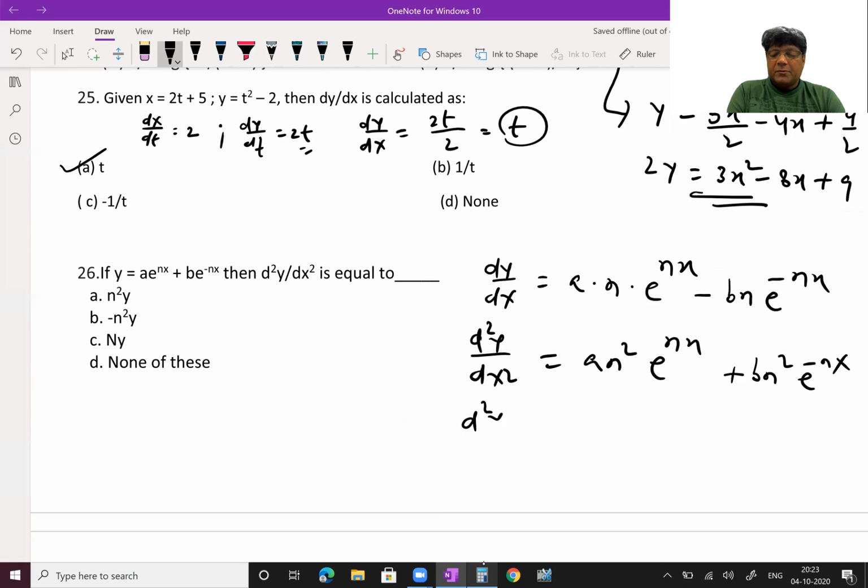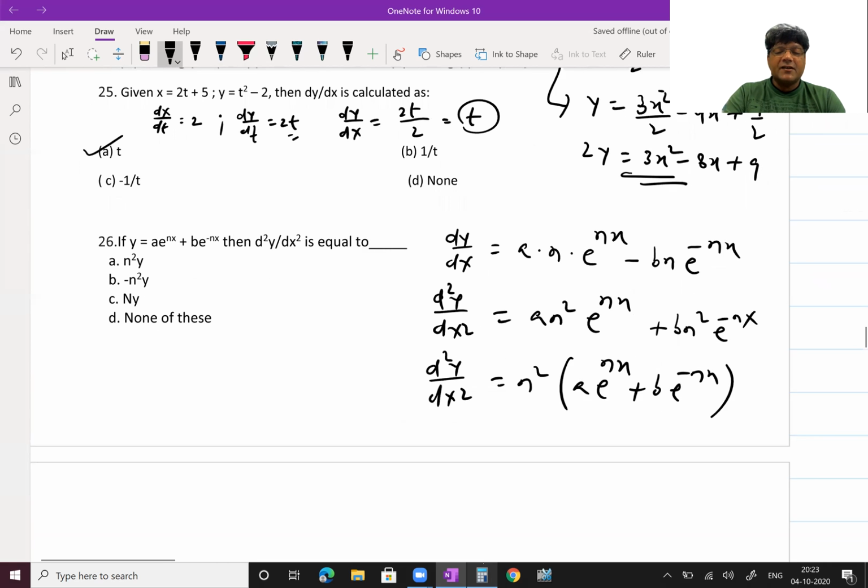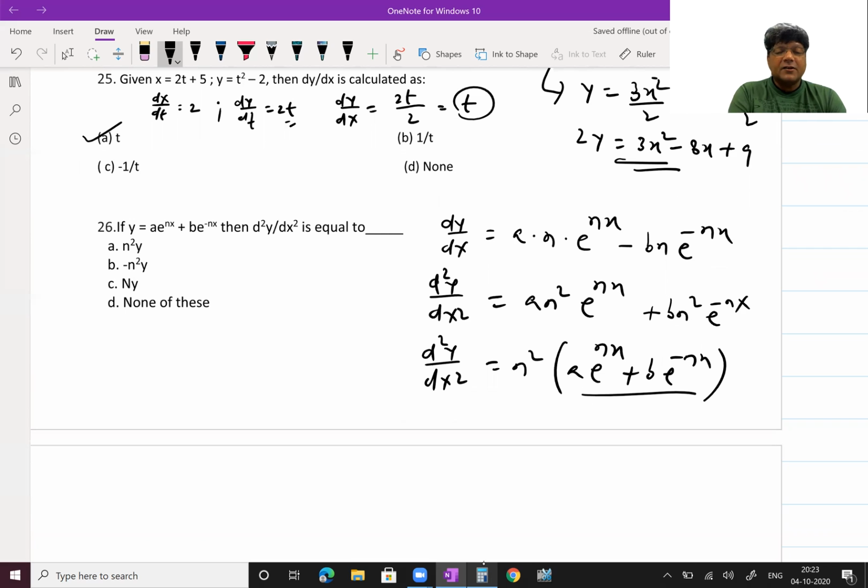So d2y by dx2 is equal to, if you take n square common, inside is a e power nx plus b e power minus nx. The thing inside the bracket is nothing but y again. So this is equal to n square y. So your answer is option A.